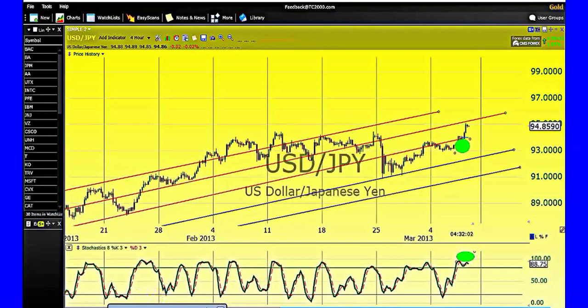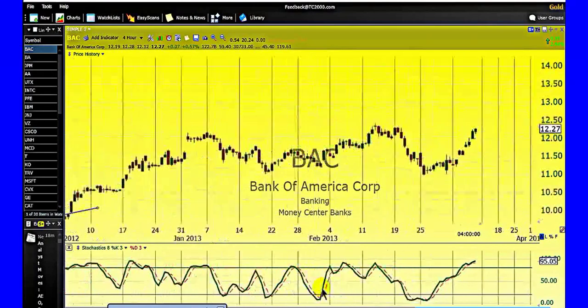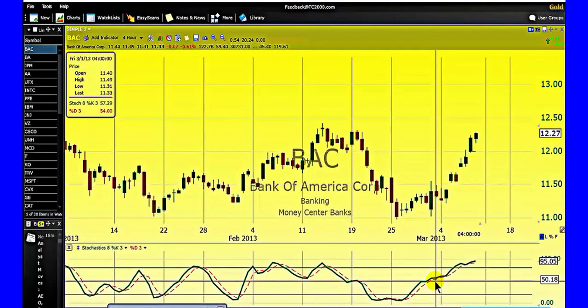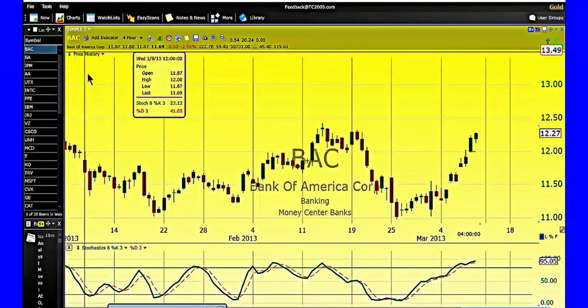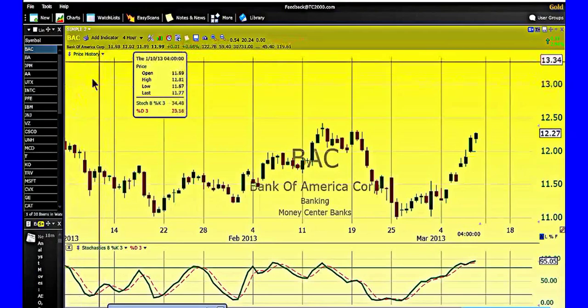Talking about the first step of a full-time day trader, it is scanning. Doing my own manual scan, I recognized that Bank of America was overbought on the 5th. Let's see what happened. Look at the top left-hand corner of the screen where I'm moving my cursor.